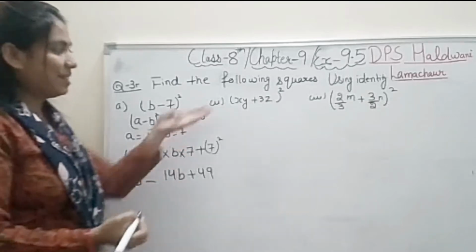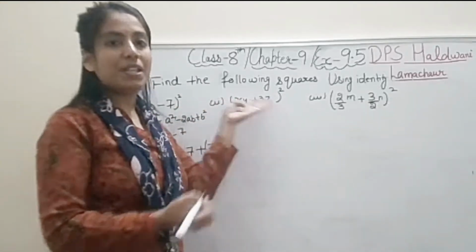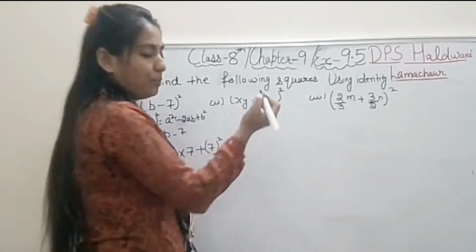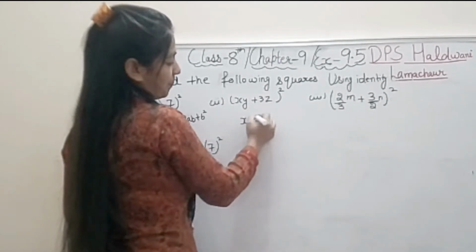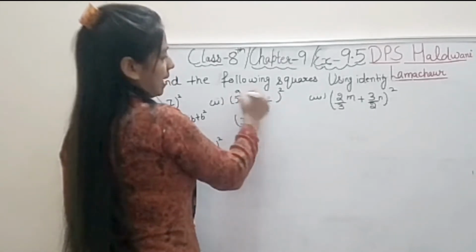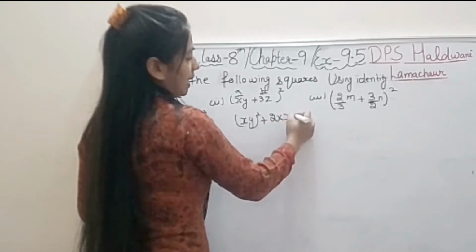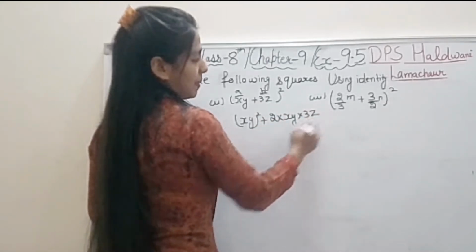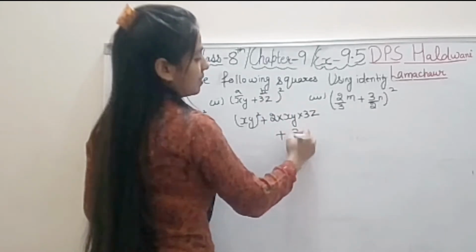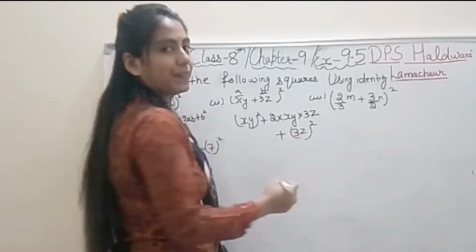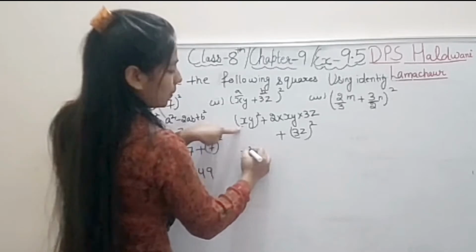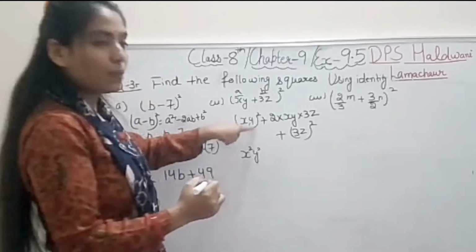Very simple, student. B part, again (a plus b) whole square. So directly I am doing here a square, this is a and this is b. a square plus 2ab plus b square, that is (3z) square. Now calculation: x square y square, because this is (xy) whole square.